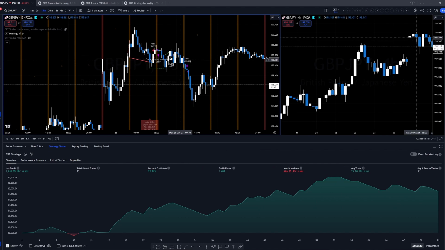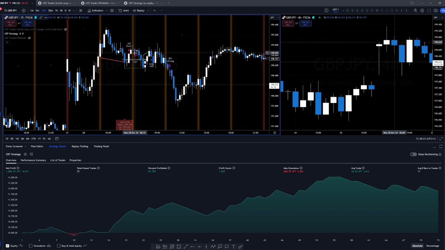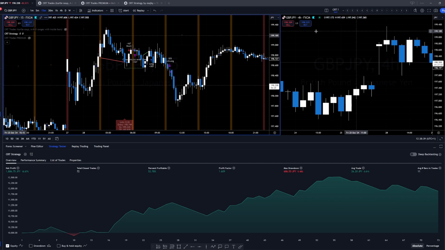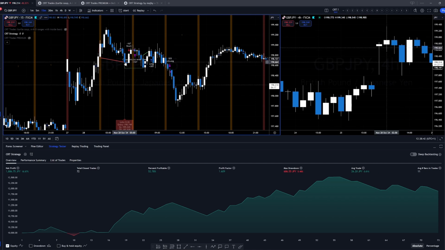I'm not sure if I can find something. Yeah, I can find something, right? So as you can see here, we have this high. We have turtle soup here. This is the second manipulation candle on the higher time frame, and here was the engulfing, so we entered on the limit on the low of this order block, and then what happened?